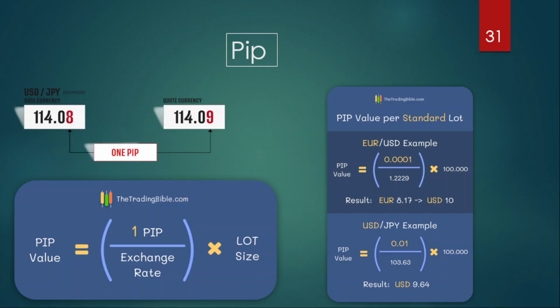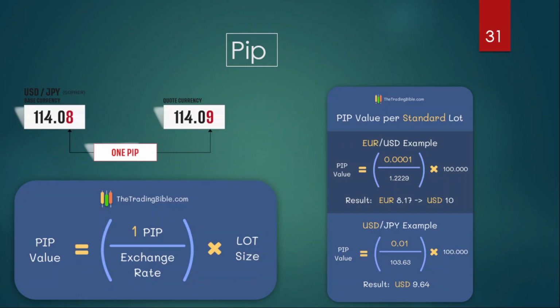For you to trade, you need to understand the pip value. What's the pip value? The pip value is the value of one single price movement, which is a pip.